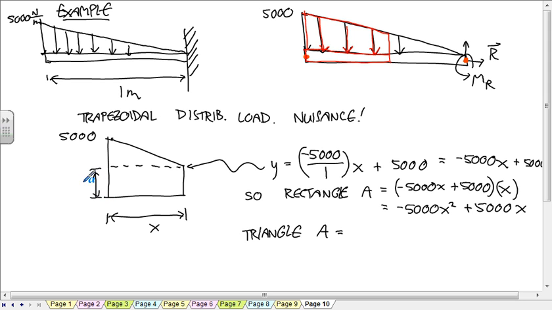So let me write this out. The height of the triangle is 5,000 minus this, which just gives you 5,000 x.